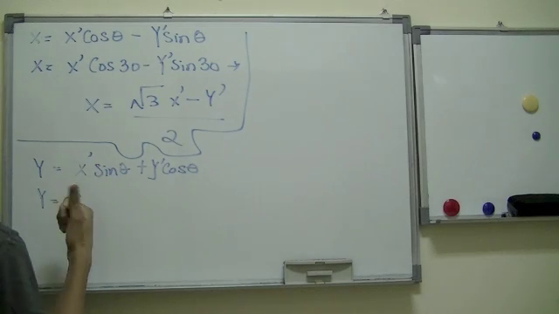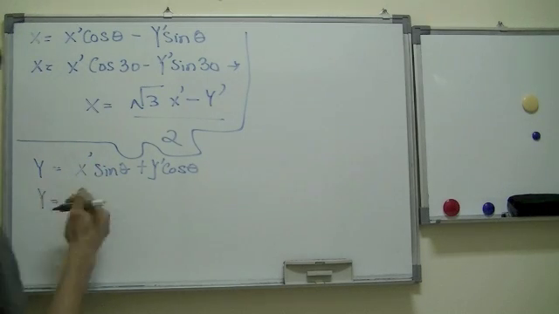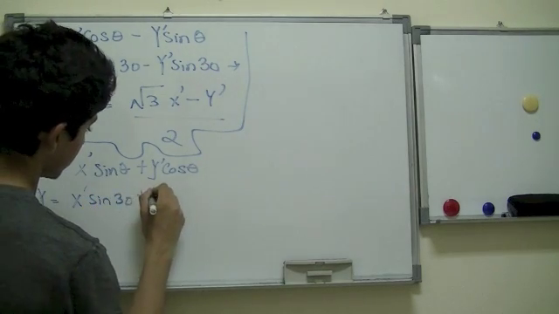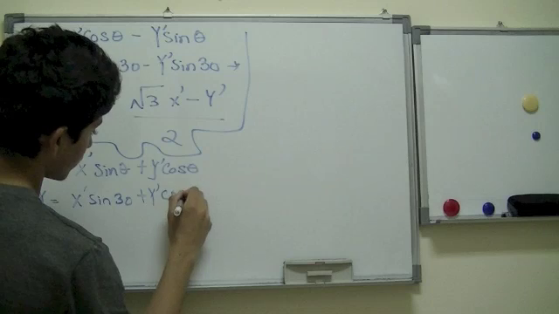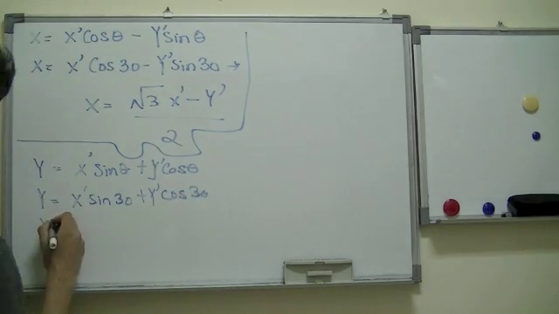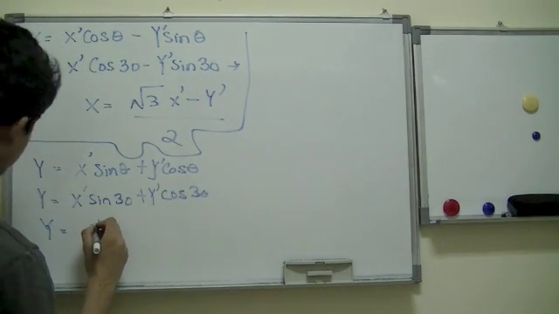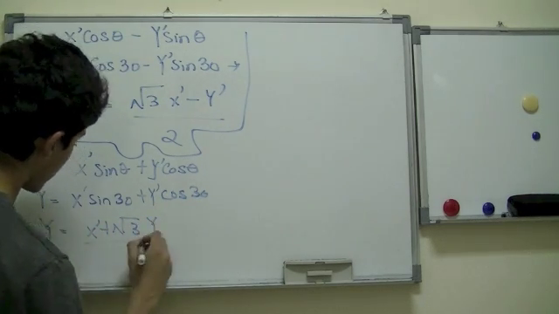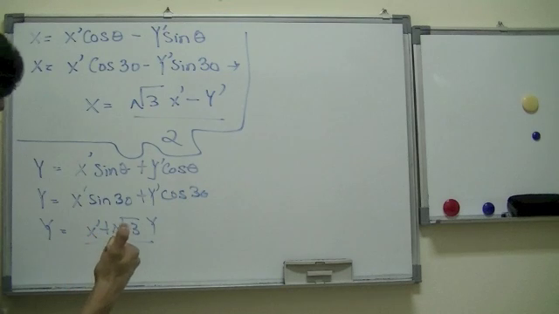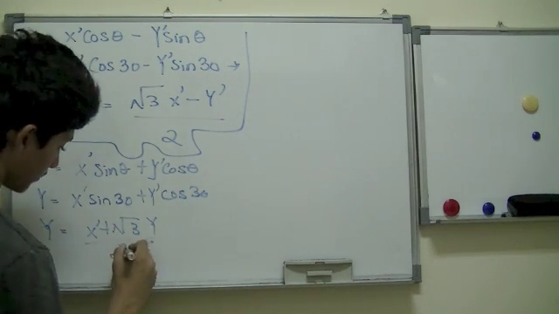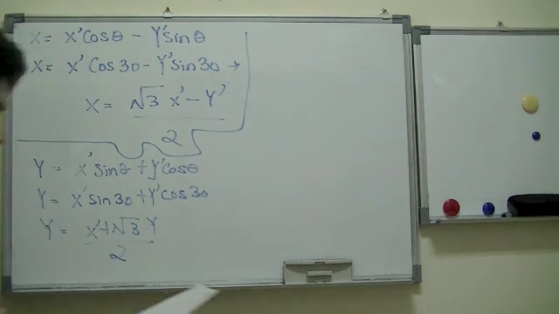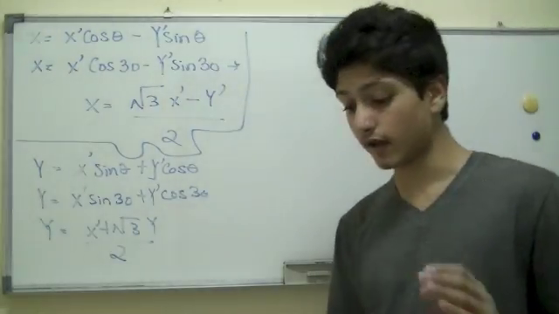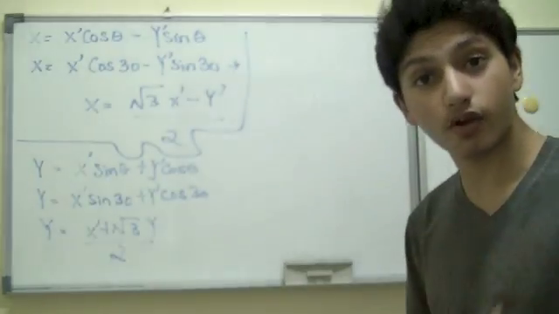So we can put x prime sine of 30 degrees plus y prime cosine of 30 degrees. What we get for y would be x prime plus radical 3 y prime, all over 2. Okay, now that was the equation that we started off with. Now let's move on to our next equation.